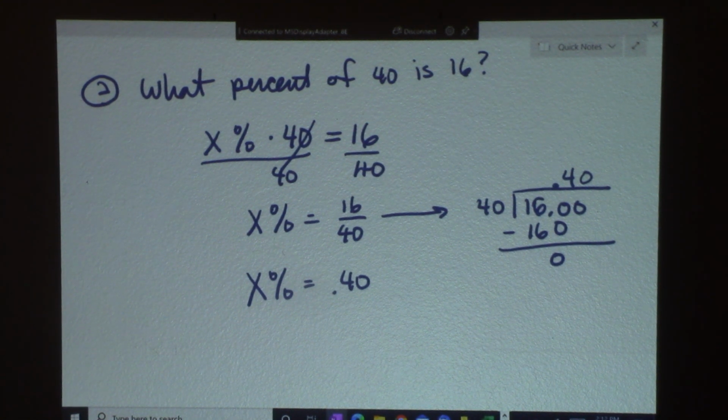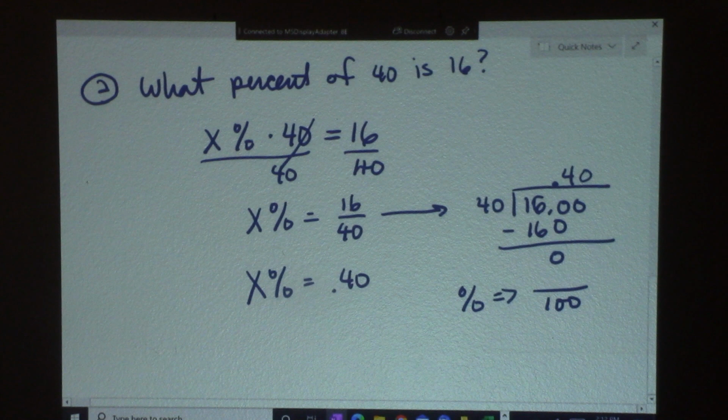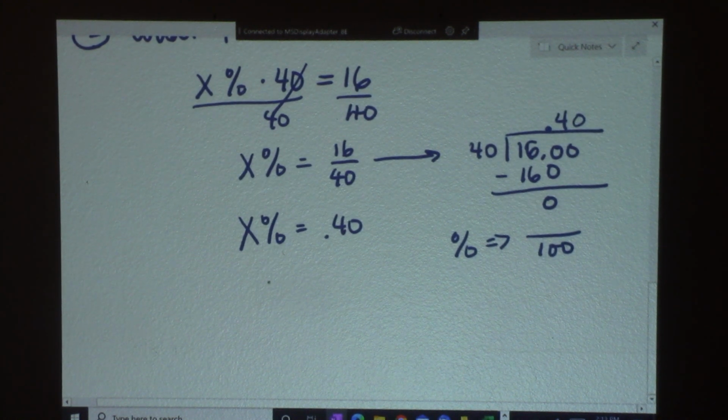Now I'm going to change the percent to dividing by 100, right? So I take out my percent symbol here, and I put in dividing by 100. I still don't have X alone, so now what's the last thing I'm going to do?